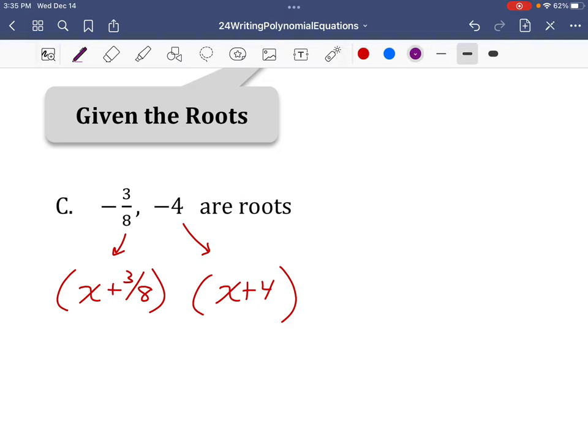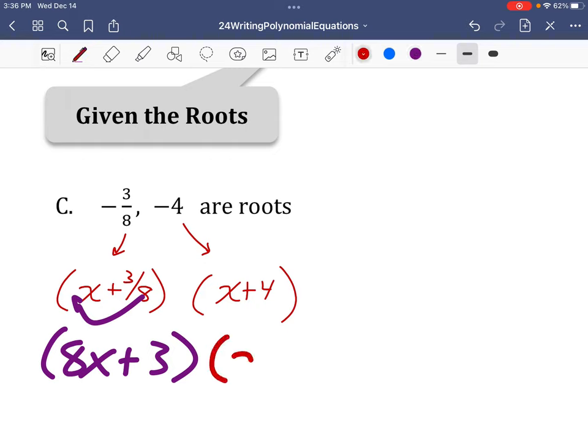Now, there's something a little goofy about this factor here, this x plus 3/8. We never work with factors that involve fractions. That's because you always take that 3 and that 8 and rearrange them so that the 8 is actually with the x, leaving the 3 to be my regular factor.